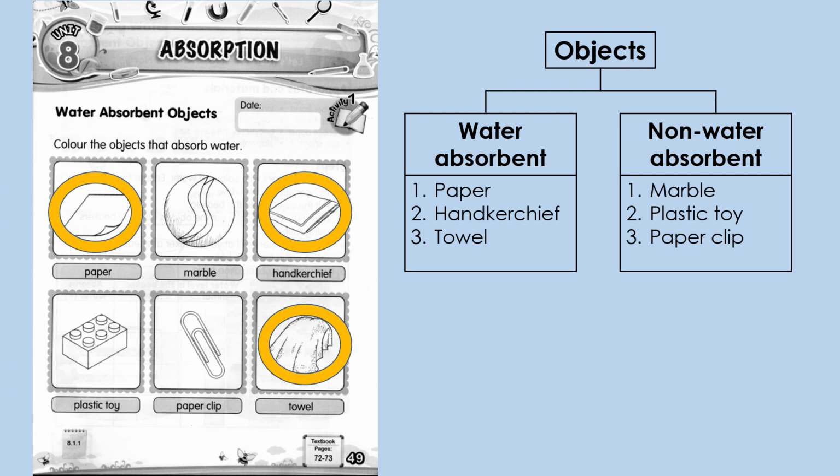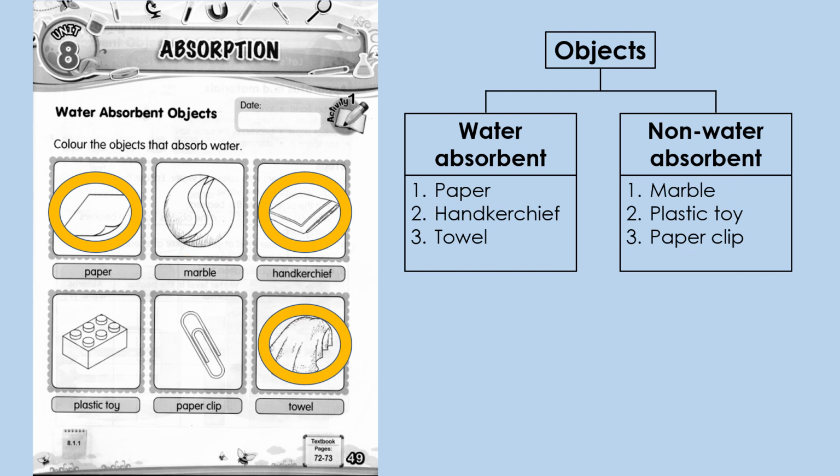From these pictures, water absorbent objects are paper, handkerchief, and towel. So we write in the space under water absorbent like this. And then look again at the picture. Now find non-water absorbent objects.